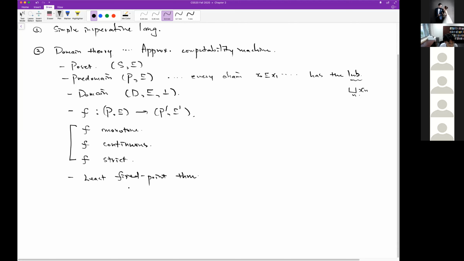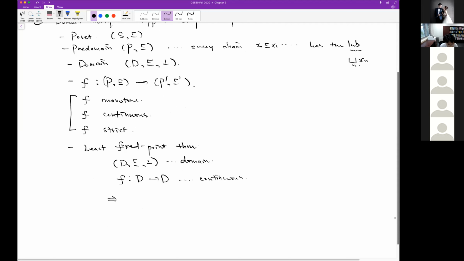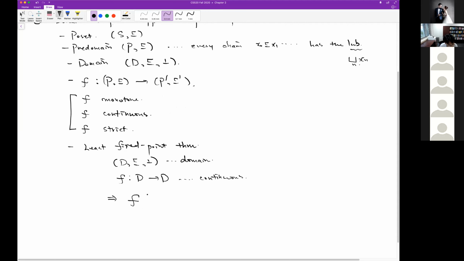If we are given a domain D, and a function f from D to D that is continuous, it doesn't have to be strict but it has to be continuous, then f has the least fixed point.